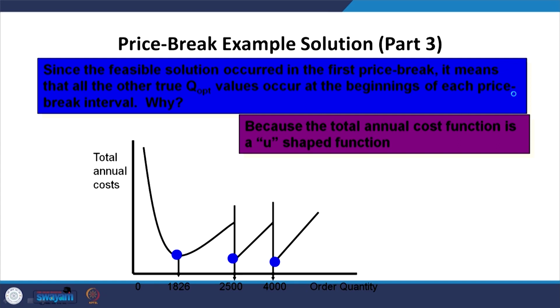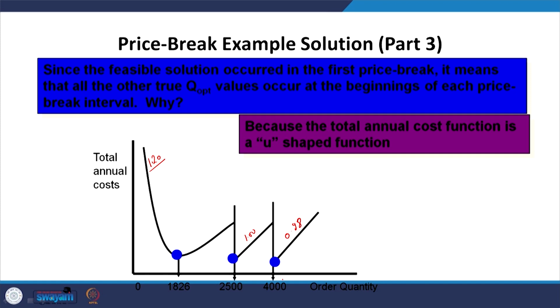Now, here you see we have three different types of cost curves. This is the first cost curve which is corresponding to 1.20. This is the second which is corresponding to 1 and this is third which is corresponding to 0.98. And for these two curves, the starting point will be the order quantities which we will take.